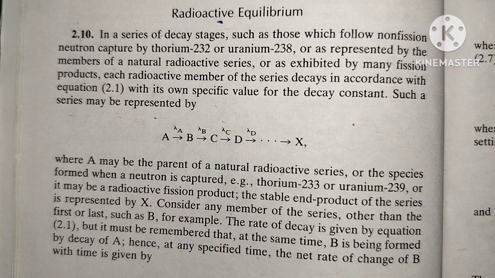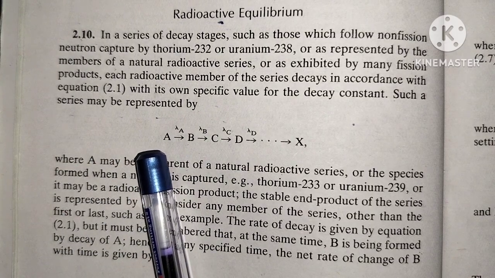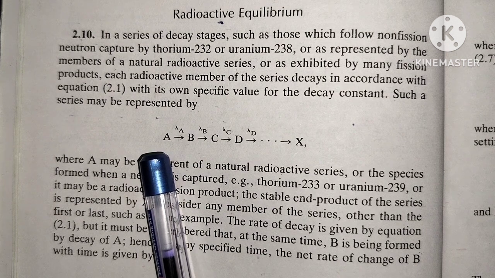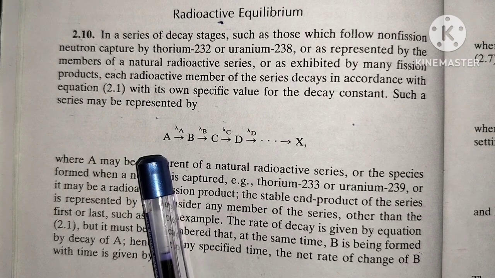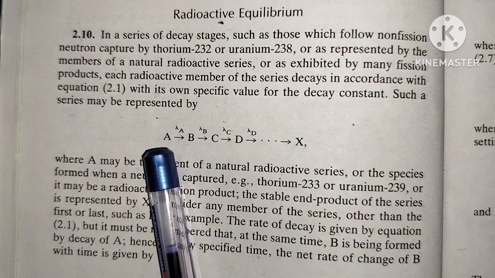You understood, no? The first one, the parent of the natural radioactive series, will undergo decay as per the equation N = N0 e^(-λt), no? So this A is continuously decaying.